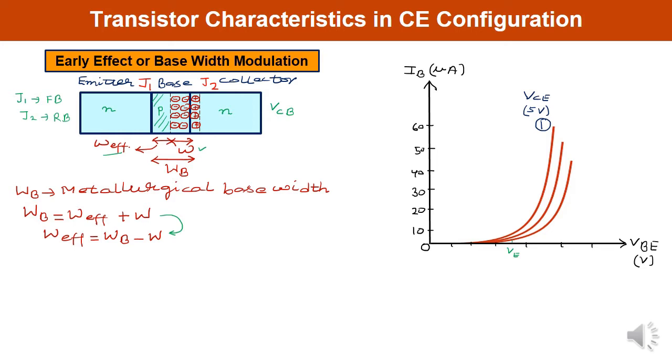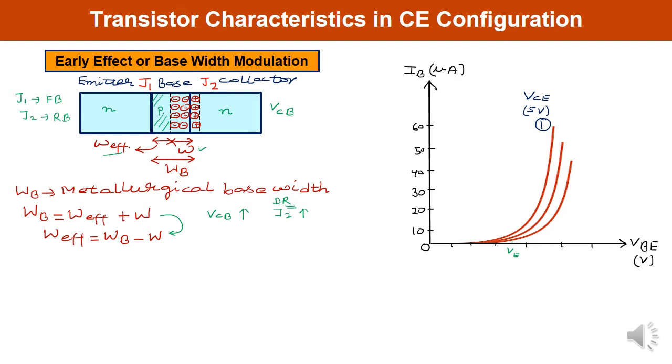So now what will happen when you are increasing VCB? It means reverse bias potential increases. It means the depletion layer at J2 will increase. This is the depletion region at J2, and when it increases, it extends more into the base region.